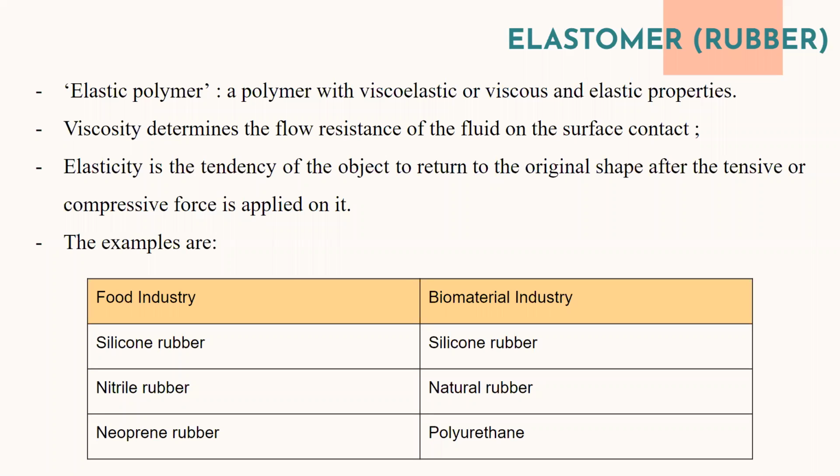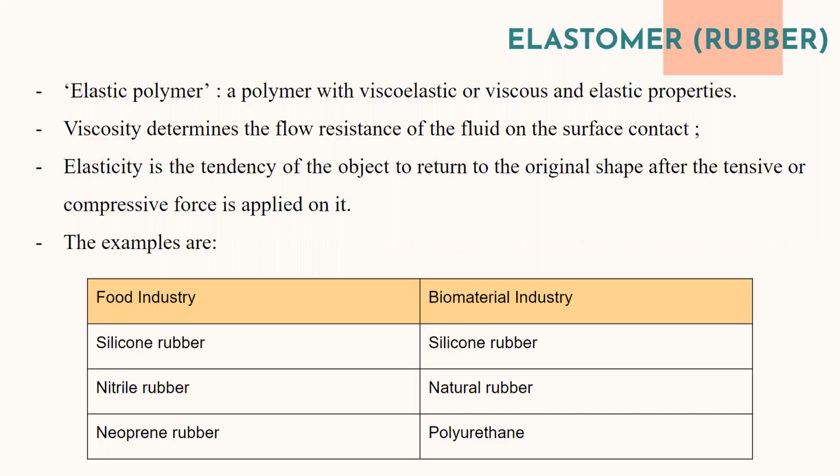So before we discuss it, we need to know what is elastomer first. Elastomer is known as rubber or elastic polymer. It is a polymer with viscoelastic, or viscous and elastic, properties. Viscosity determines the flow resistance of the fluid on the surface contact, while elasticity is the tendency of the object to return to its original shape after a tensile or compressive force is applied on it.